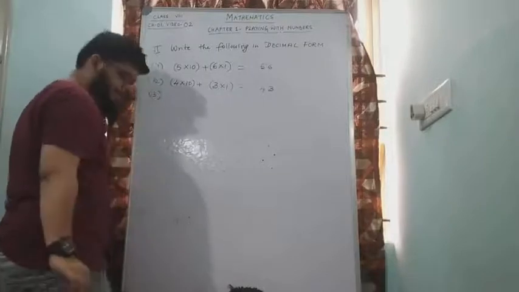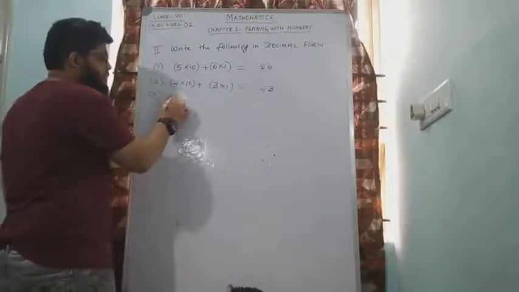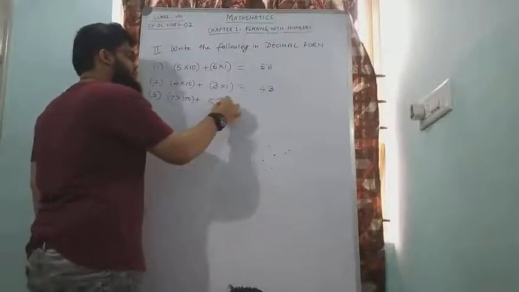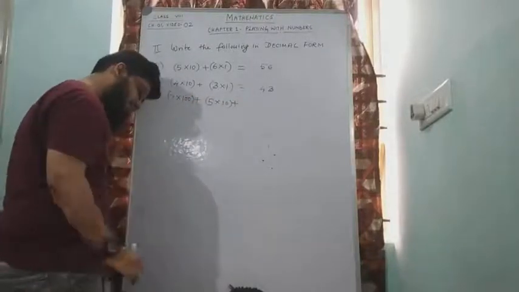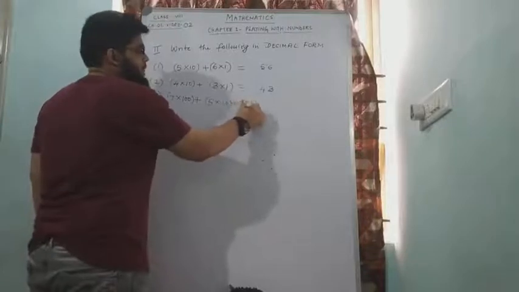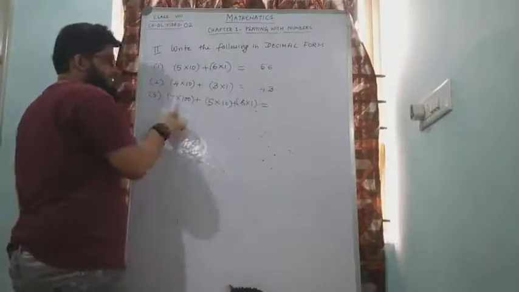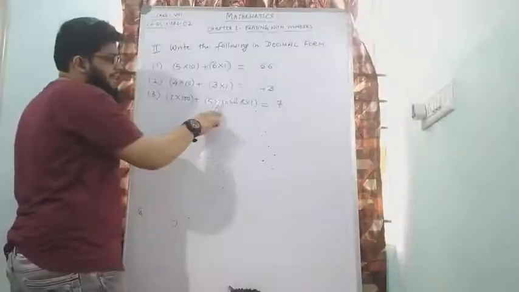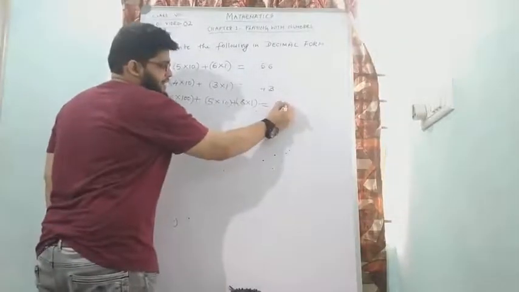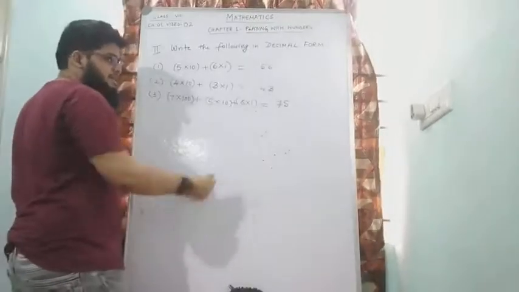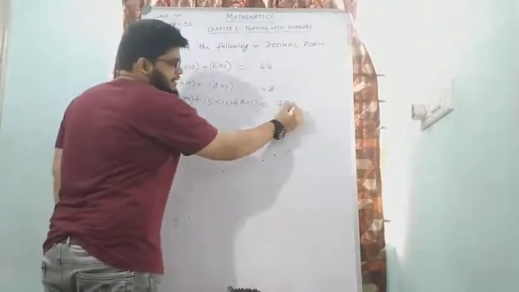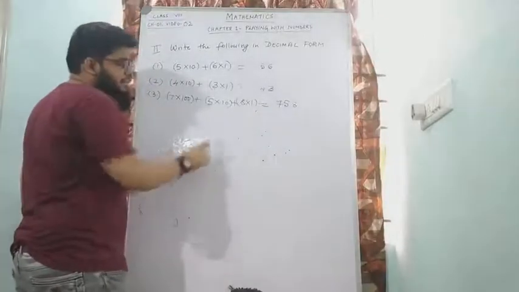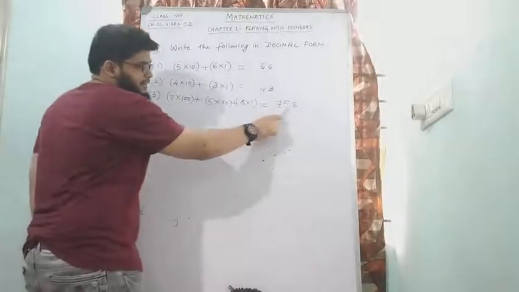So let us see one question again. 7 into 100 plus 5 into 10 plus 8 into 1. Now for this question, 7 into 100 is 700, so 7 comes first. 5 into 10 is 50, so 5 comes next in tens place, and 8 into 1 is 8, that comes in units place. 8 is in units place, so I have written 8. 5 is in tens place, so I have written 5 in tens place.